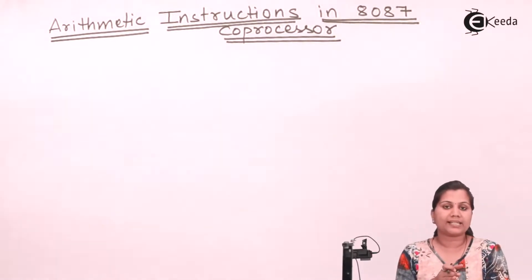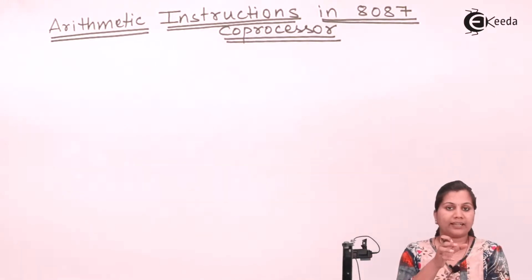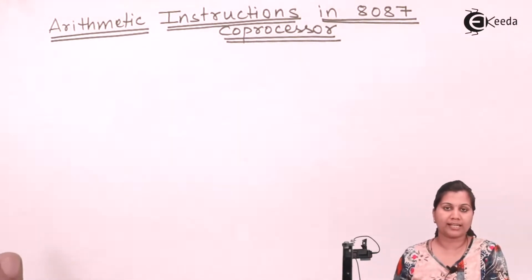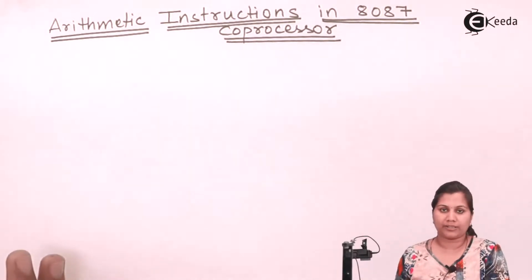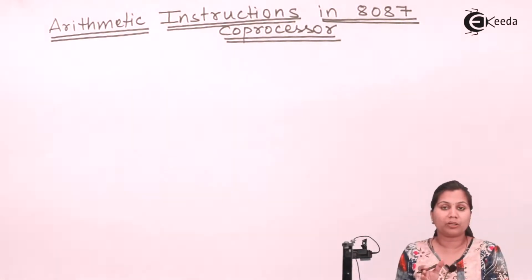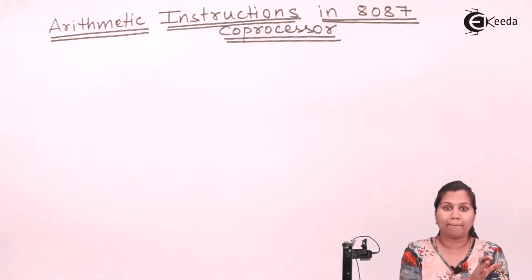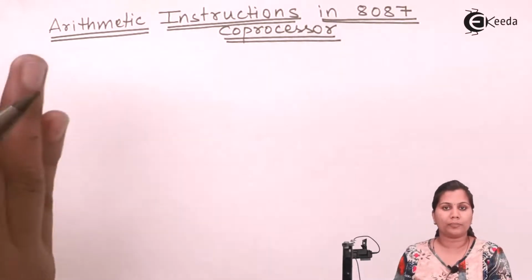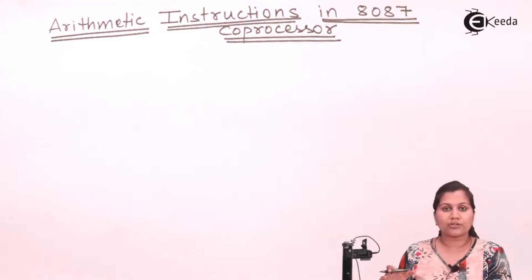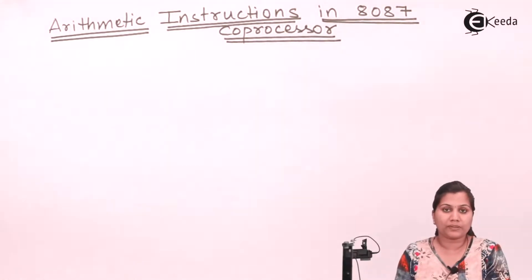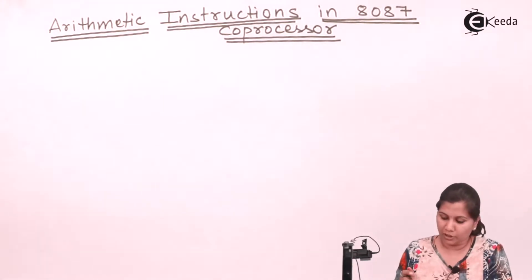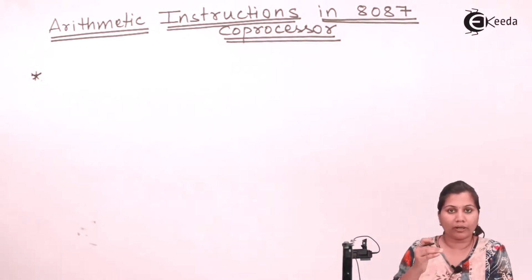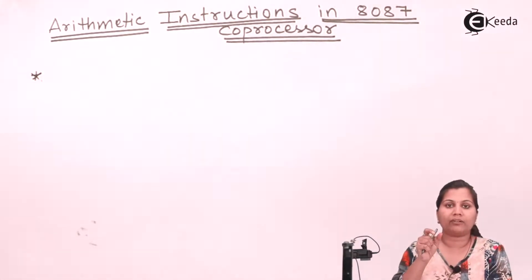The 8086 and 8088 microprocessors have their individual instruction set, and the 8087 has its own individual instruction set. Now, how to differentiate between the instruction set of the main microprocessor and the coprocessor? All the instructions of the 8087 coprocessor have the prefix F. So in the mnemonics of all the instructions, we will have the alphabet F as the prefix.